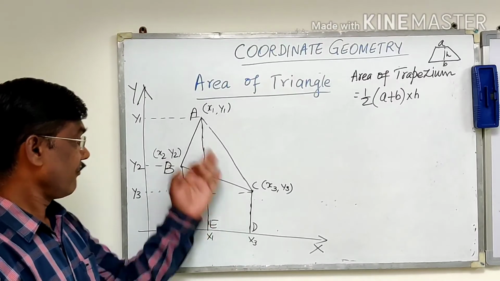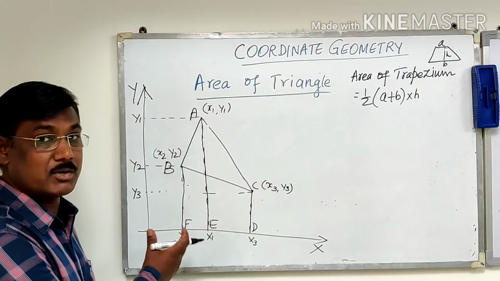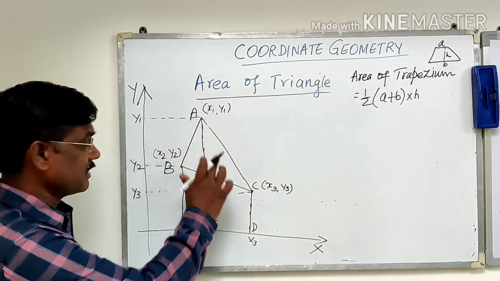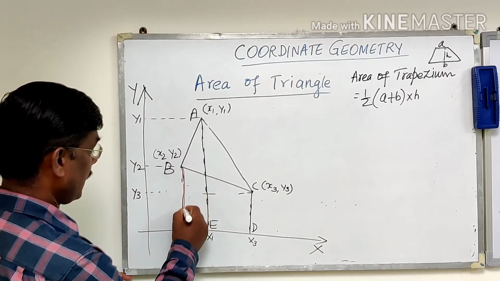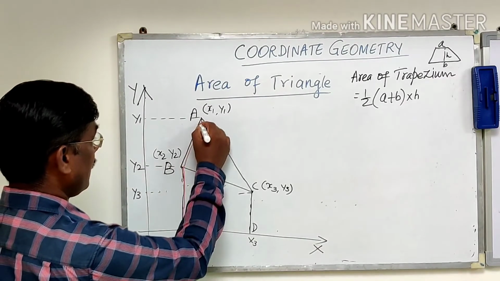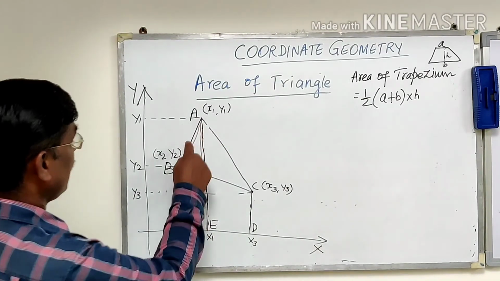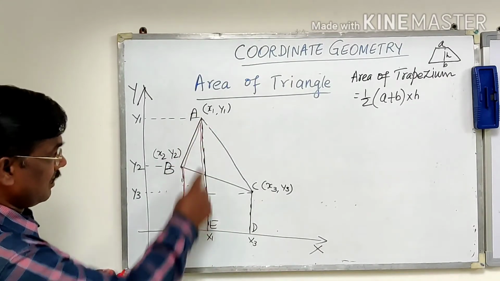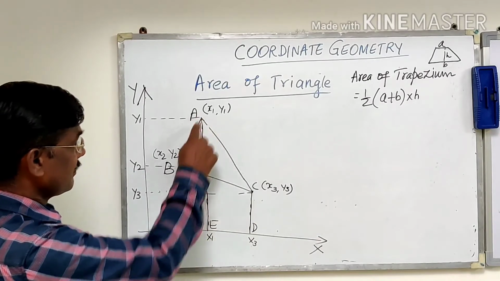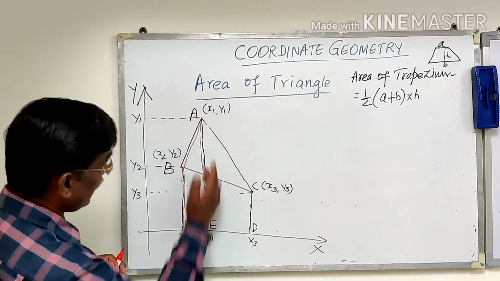Let us see how. In this figure, you are having three trapeziums. Can you identify three trapeziums in this figure? One is this one. What is that? A, B, F, E. Okay. Are you able to see the trapezium? How is it a trapezium? Because these two sides are parallel. Which are parallel?